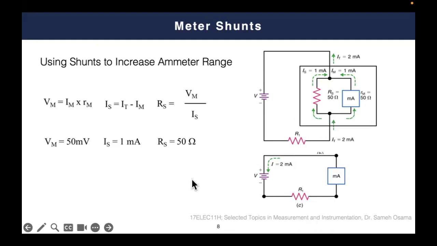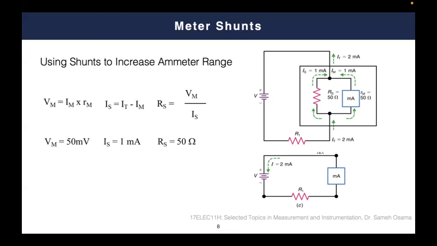The second bad news is both readings are wrong, because ideally, when you put an ammeter here, you assume that this ammeter has zero resistance. But as you see, in one case it's 25 ohm, which is not zero, and in the second case, it's 10 ohm, which is again not zero.